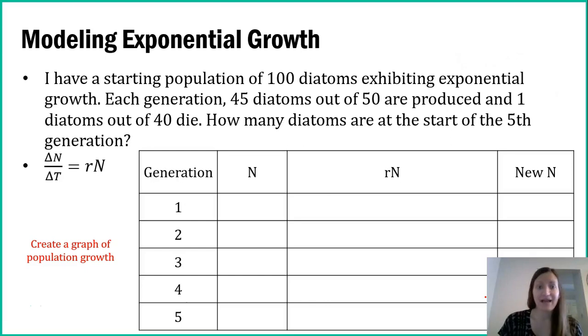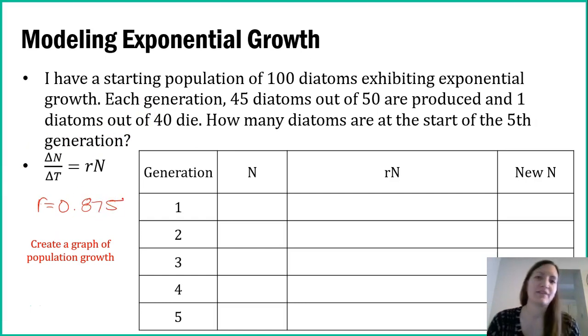So this next slide, all I've done is I've written that same prompt at the top. I've reminded you of the equation. Right over here, we already solved that R equals 0.875. And here I have a data table set up. You can set up your data table similarly to mine. I purposely put more columns than I need just so I can show you every single step.